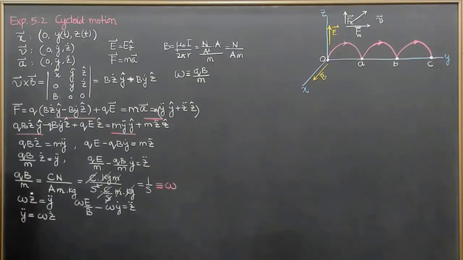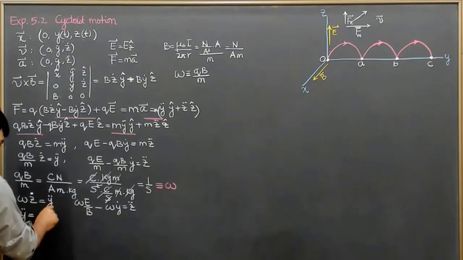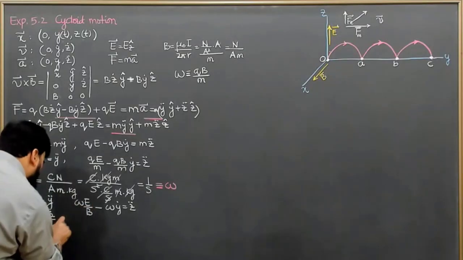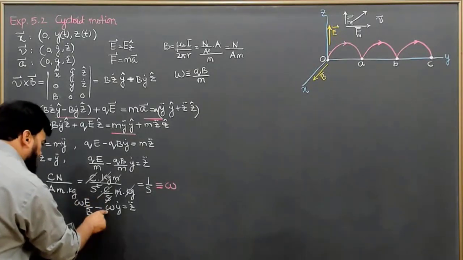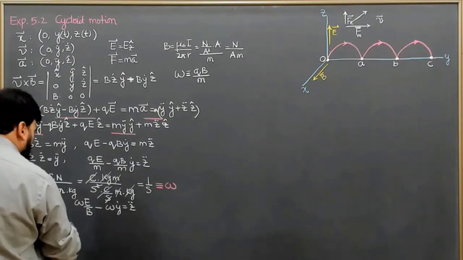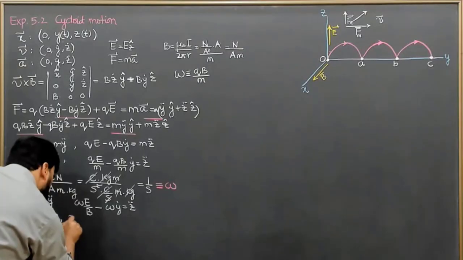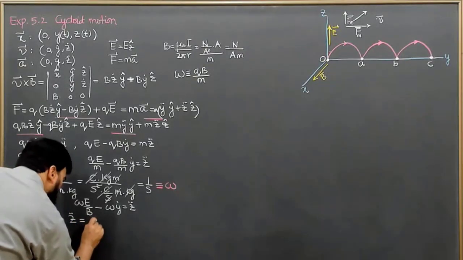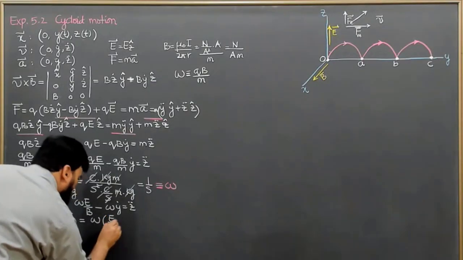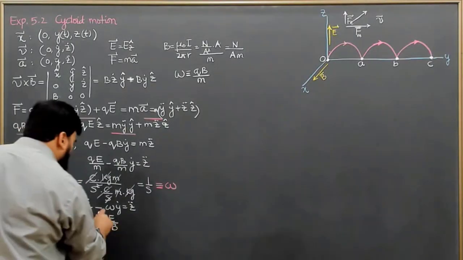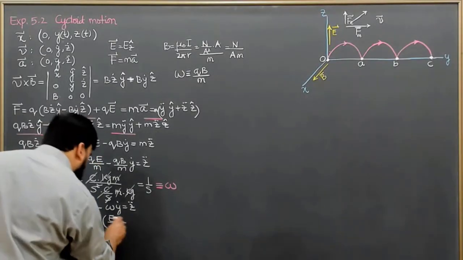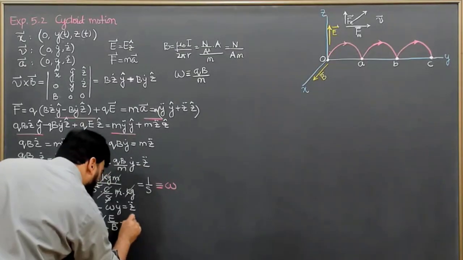So we have the equation in a simple form: y double dot is equal to omega z dot. We will solve this differential equation. It's a second order differential equation. Then if omega is common, z double dot is equal to omega times E over B minus y dot.